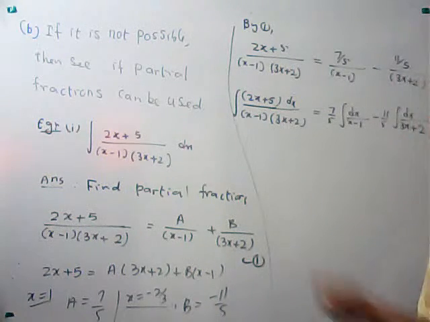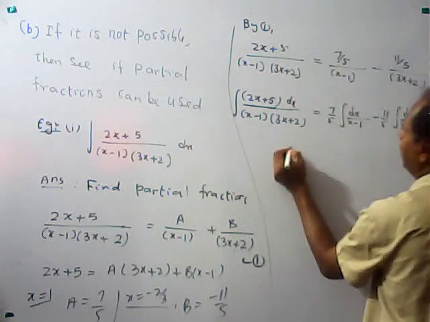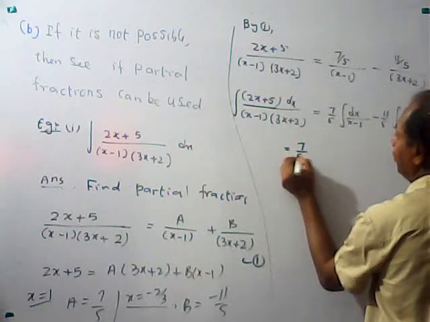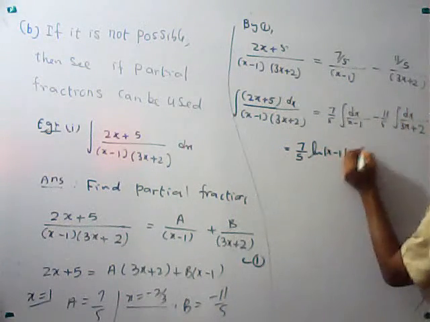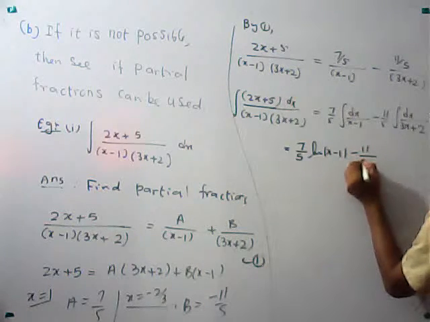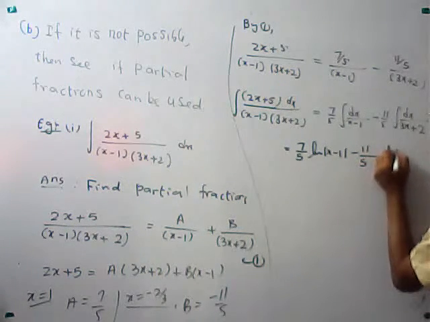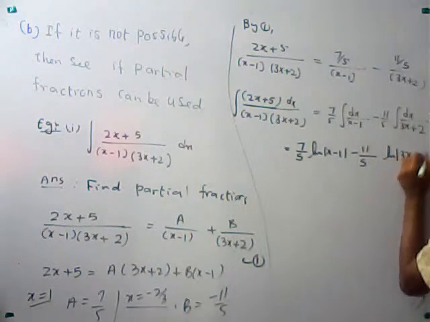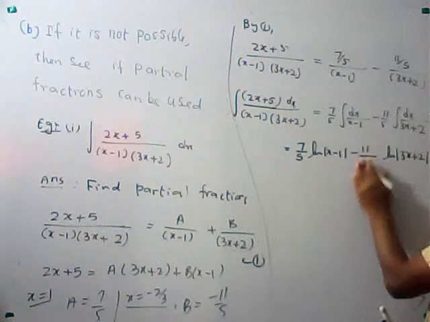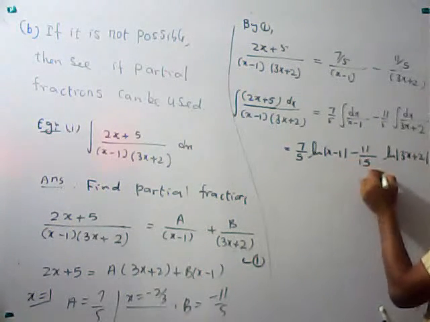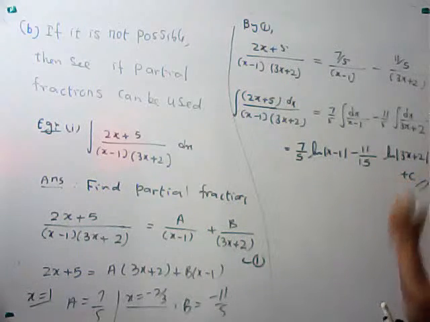Right? So these are functions which can be integrated easily. 7 over 5 ln|x - 1| minus 11 over 5 ln|3x + 2|. You have to further divide by 3, so that will make it 15 here. And plus C is the answer.